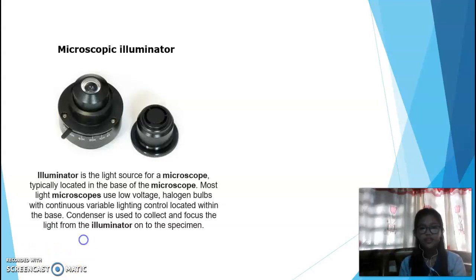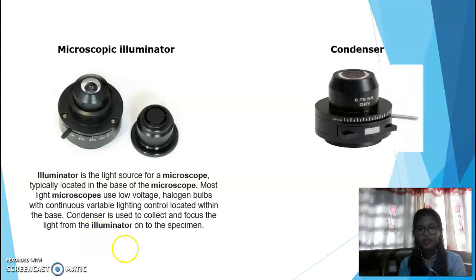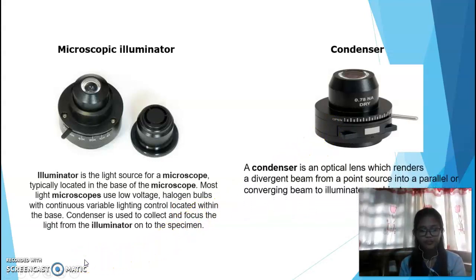The next is the condenser. In the microscope, this is the condenser. Those are lenses that are used to collect and focus light from the illuminator onto the specimen. They are found under the stage next to the diaphragm of the microscope.